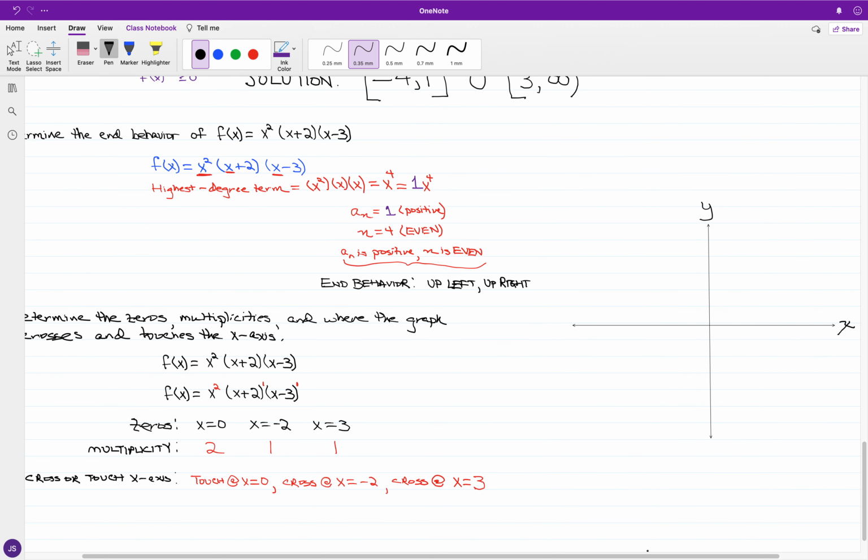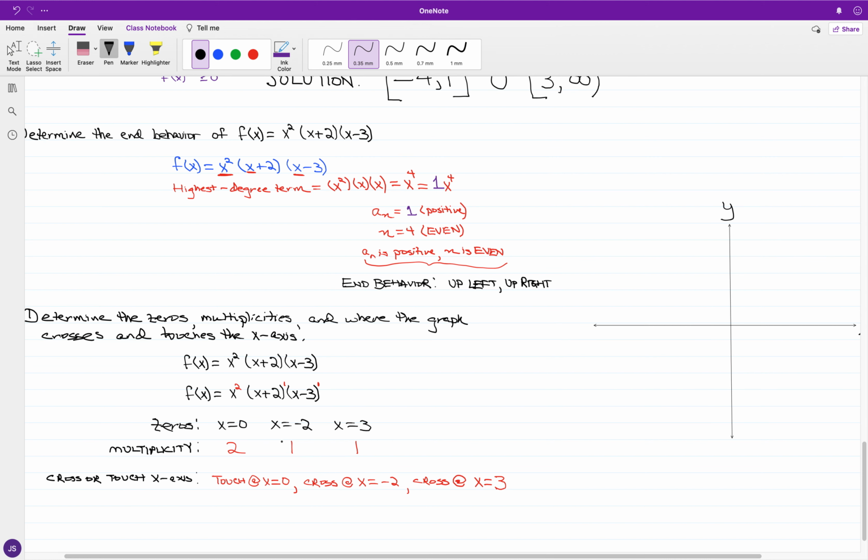Okay, so with our zeros, you have 0, negative 2, and positive 3. And again, we have the end behavior. You have up to the left and up to the right. For the extreme ends, you have up to the left and up to the right.